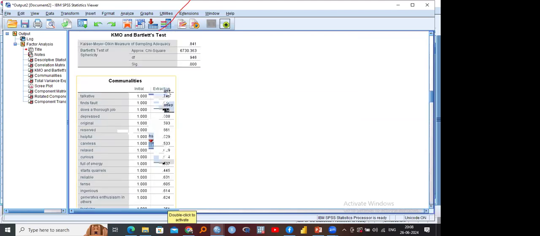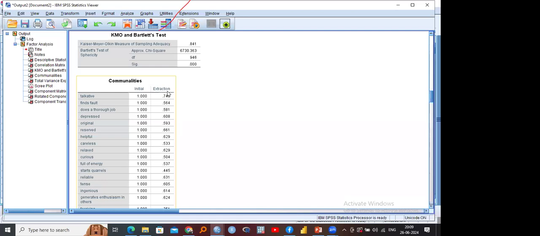Now, since in my data, like suppose आप इसी data पे analysis कर रहे होते, there are 44 variables, and in the 44 variables, we only have two variables, or maybe three variables, which have extraction less than 0.5. There is no need of removing them. Why? Because already your KMO measure is coming very good. So you can go ahead with these three variables also.